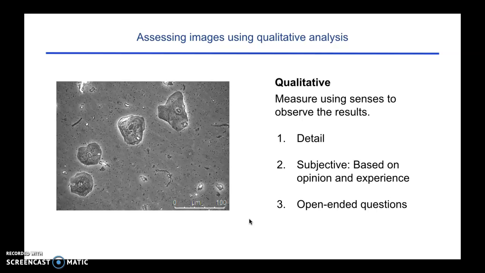It is based on opinion and experience, so it's very subjective, and it's hard to apply it universally, mainly because it is opinion, so it's more individualistic. It answers mainly open-ended questions, such as the whys.